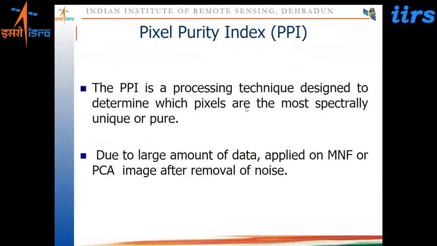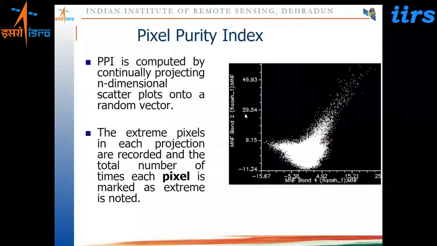So we apply the PPI algorithm on those 10 to 15 bands. We have just done that, and this is the scatter plot we have got.